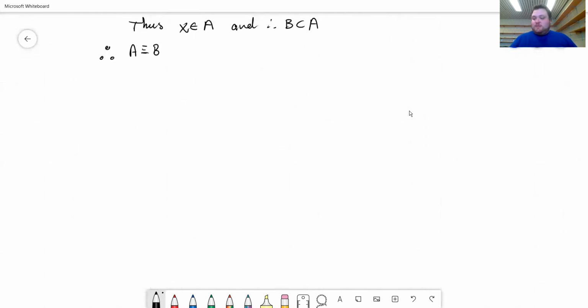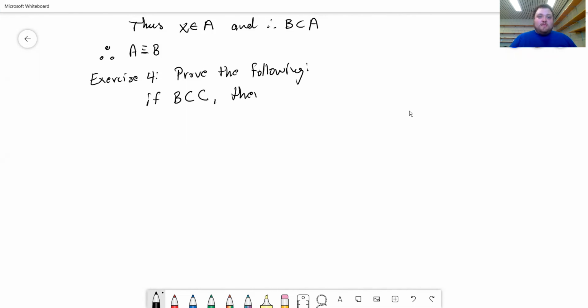Okay, moving on, we will do exercise 4. Exercise 4 states, prove the following. If B is a subset of C, then A cross B is a subset of A cross C. Okay, so what's this saying?